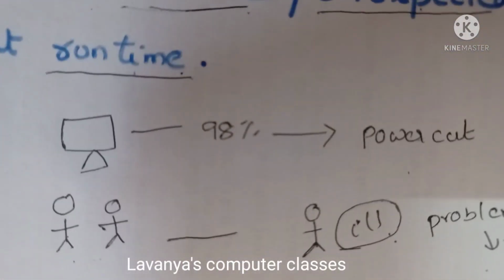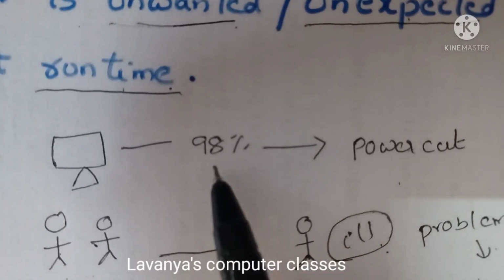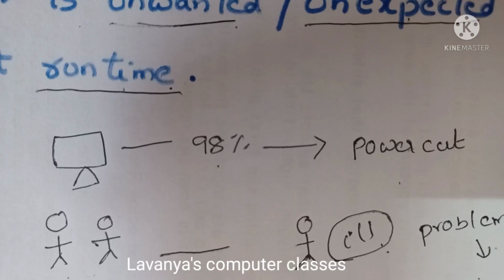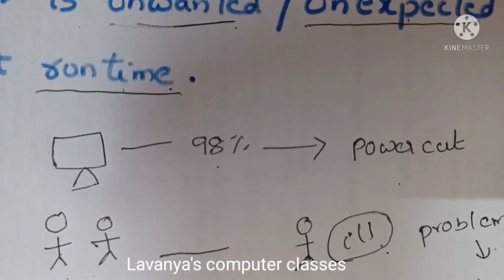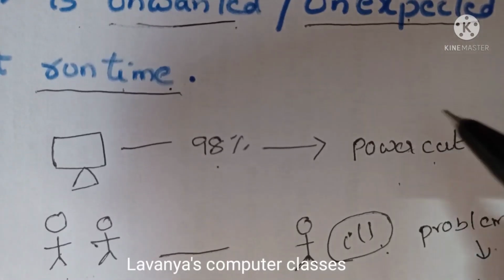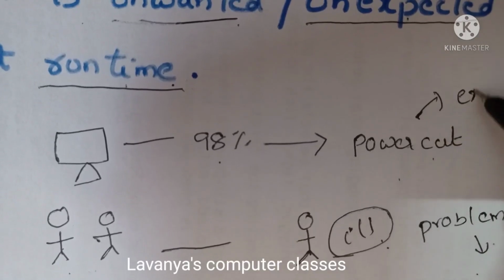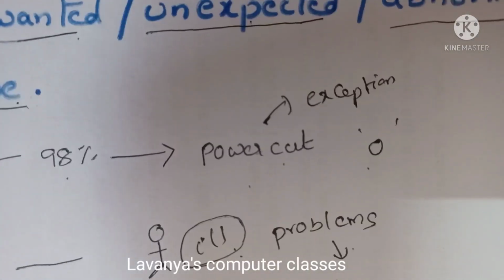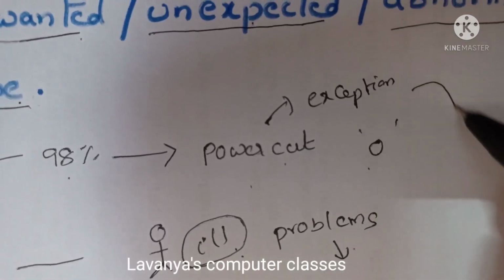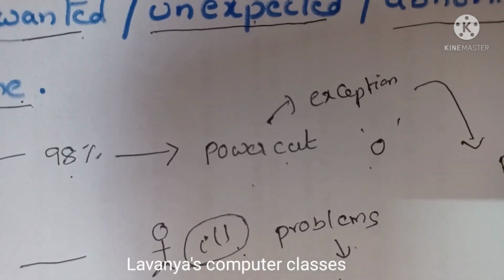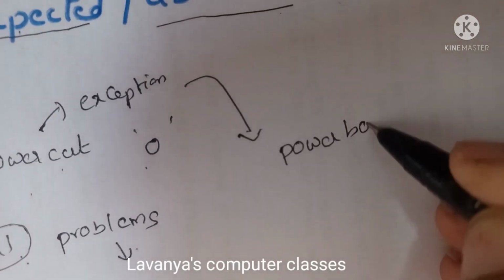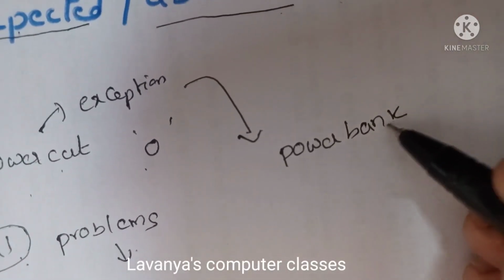Previously I gave two examples. One is the power cut. 98% of the movie is downloaded, only 2% of the work is remaining, but suddenly there is a power cut. Such a cut is called an exception, because it is unexpected. How can you handle this? For that we can use a power bank. We think of another alternative approach.